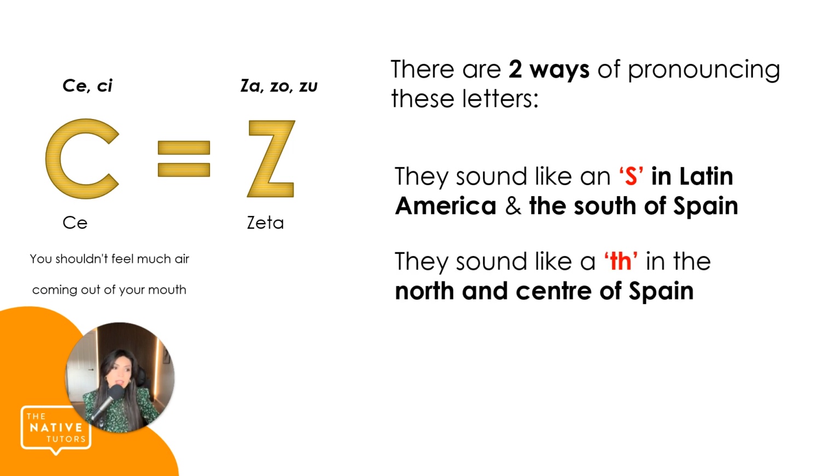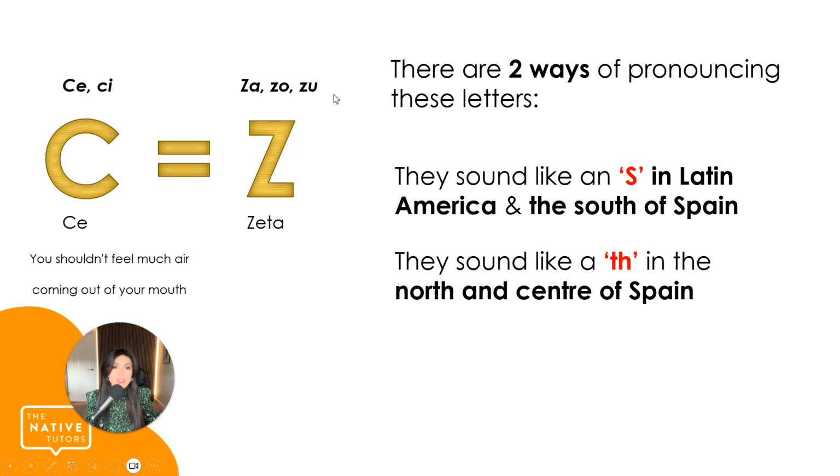If you're in Latin America and the south of Spain, it sounds more like an S. But if you are in most of Spain, it will actually sound more like a th in English. So we wouldn't say si, we would say thi.